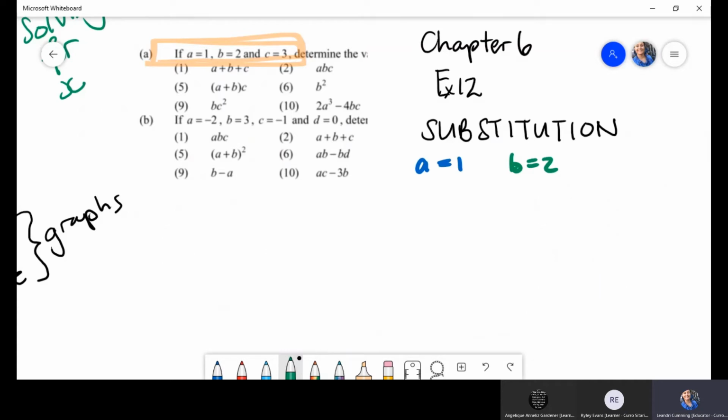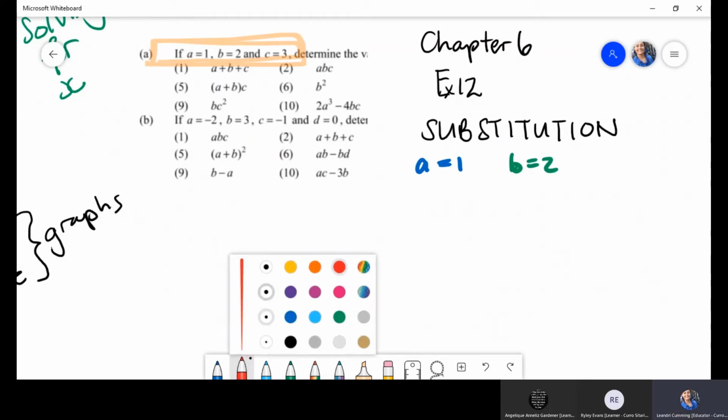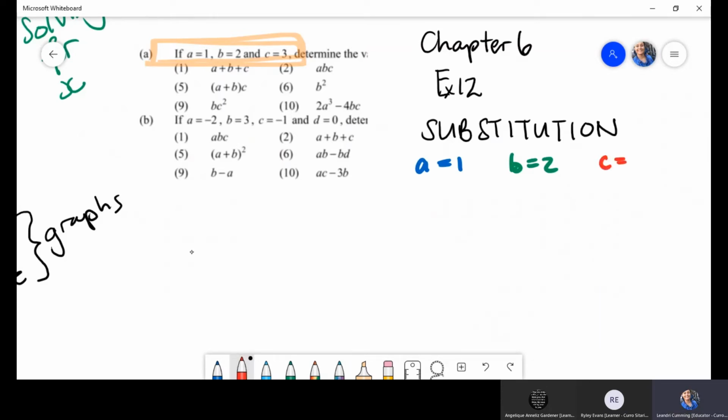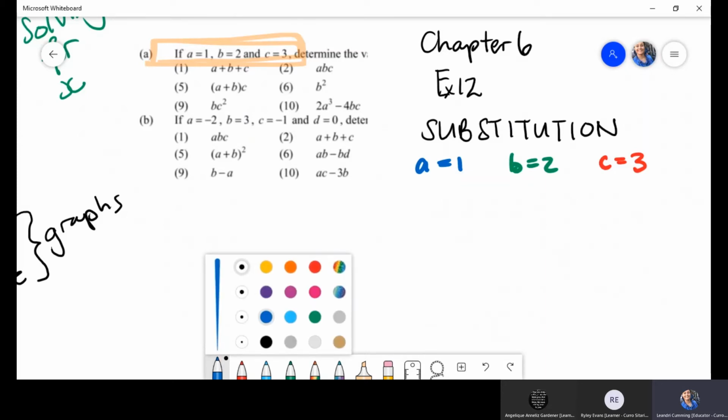B is 2 and C is 3. Luckily, they're all positive integers. Luckily, they're not negative values because, wow, once we throw those negative values in there, it's going to be quite tricky. Let's look at our first one.